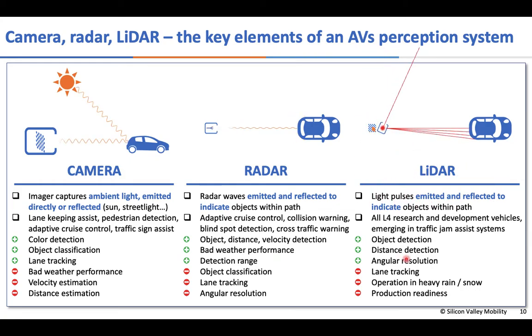So it's very precise, but it doesn't really get the lanes that well. And it also is not that good in heavy rain or snow, so bad weather, and not really ready for production. So this is what you saw at a relatively high price point. Those need to mature still a little bit more. Basically all pluses and minuses, as you can see.